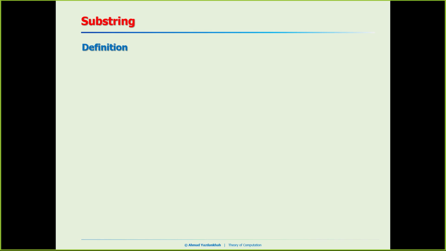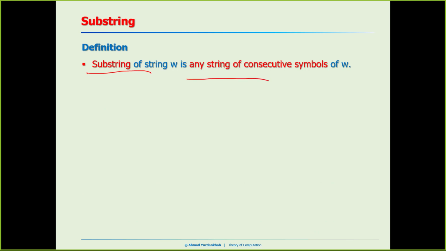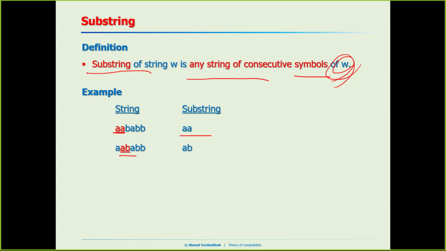So what is a substring? Substring is the same thing that you already know from the high level languages. Here we just define it mathematically. So a substring is any string of consecutive symbols of a string like W. Any part of this string can be considered as a substring. Here are some examples. For this, AA from the beginning is a substring, or AB can be a substring, or BABA, these three can be a substring, and so forth.